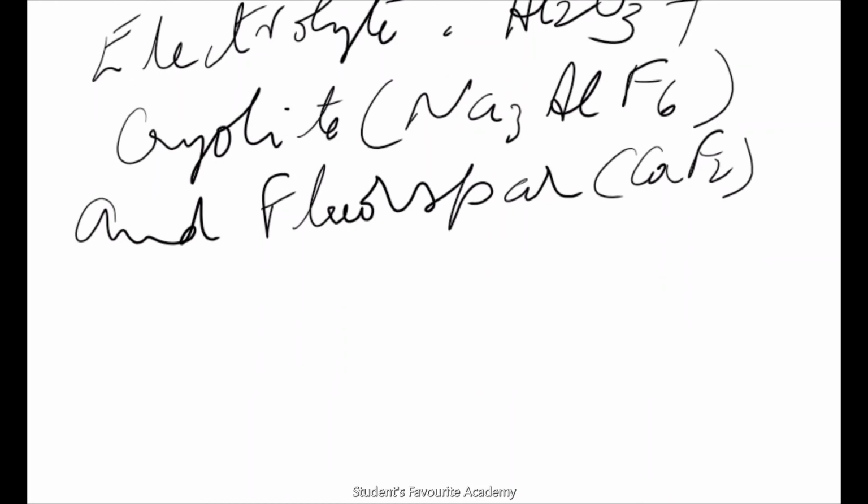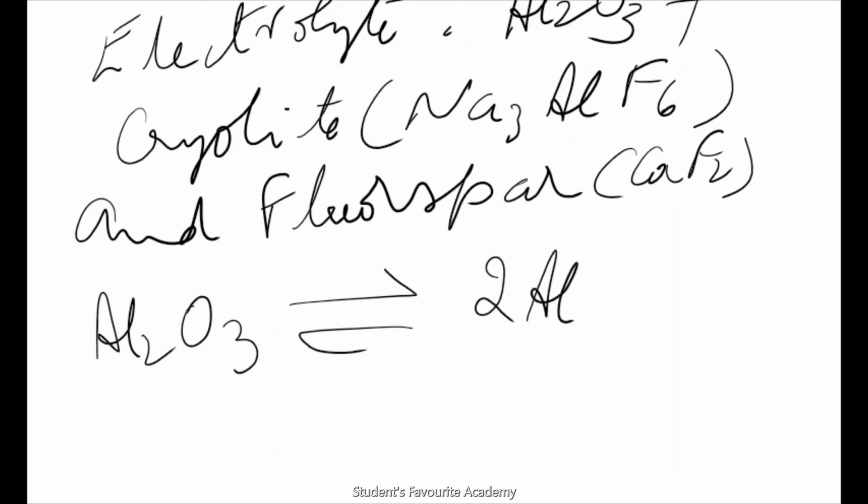Now the reaction: aluminium oxide Al2O3 reversible 2Al3+ plus 3O2-.